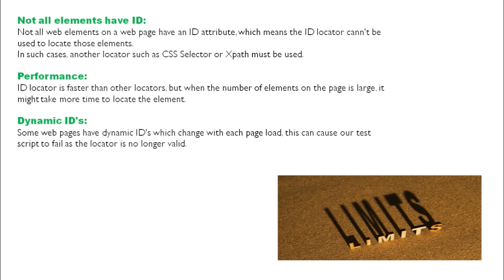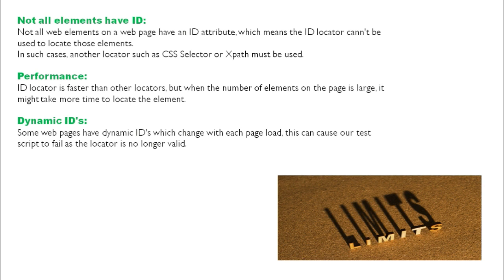If we have a locator with an ID containing numbers, and that number changes when you refresh the page, navigate the page, or update the elements, like adding something to the table and then deleting something from the table, then the id attribute value changes. That we call dynamic IDs.